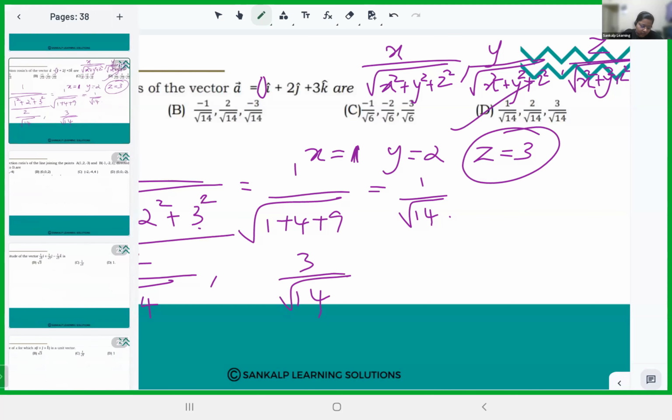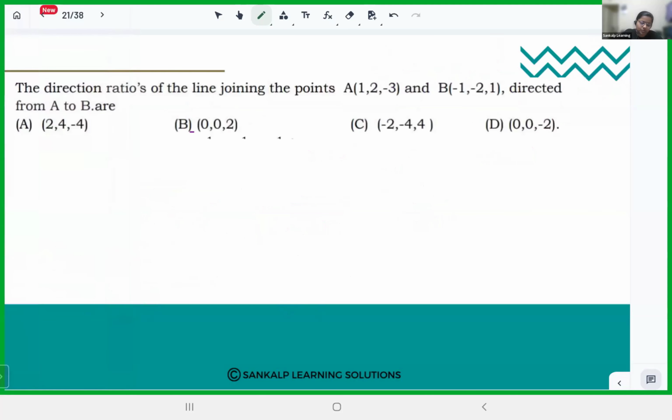Now moving on to the next question. The direction ratios of the line joining the points A(1, 2, -3) and B(-1, -2, 1), directed from A to B. So they have given the direction, it is from A to B. So you have to find out vector AB, isn't it?